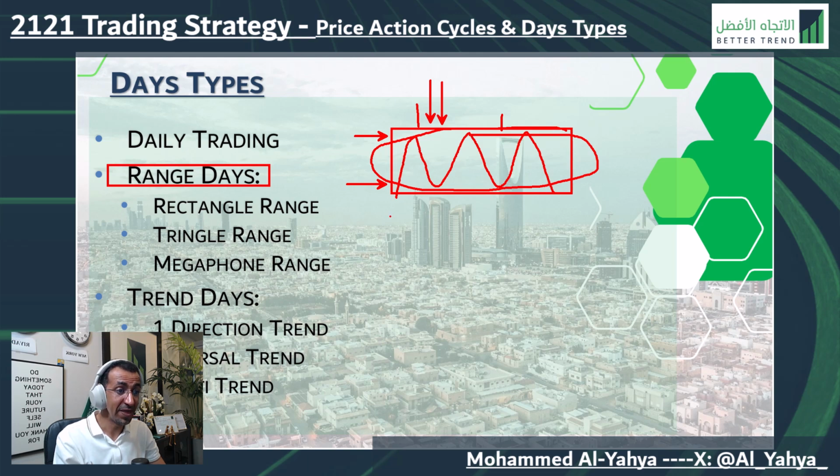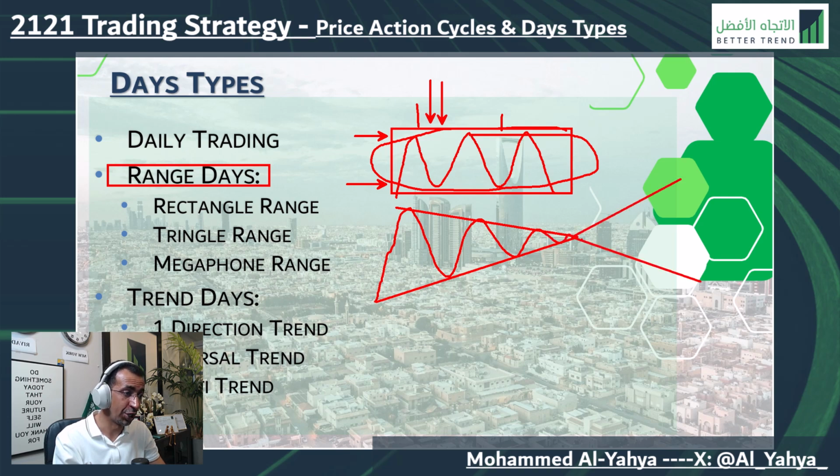Maybe the day could be a triangle day. The market started somewhere and keeps squeezing and squeezing, and then it could continue doing that. That's a triangle range. The worst one is the one that starts like this.